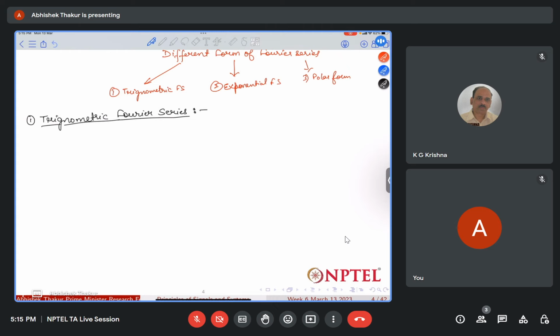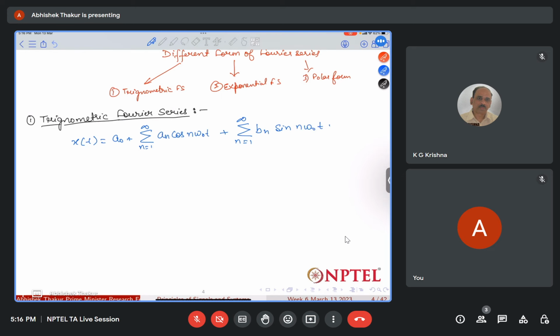A periodic signal f(t) can be expressed as an infinite sum of sine or cosine functions in the trigonometric Fourier series. So here x(t) is represented as a naught plus summation over n equal to 1 to infinity of a n cos of n omega naught t plus summation over n equal to 1 to infinity of b n sine of n omega naught t.